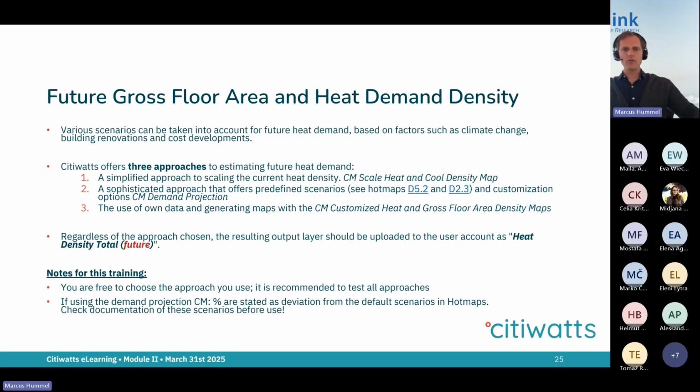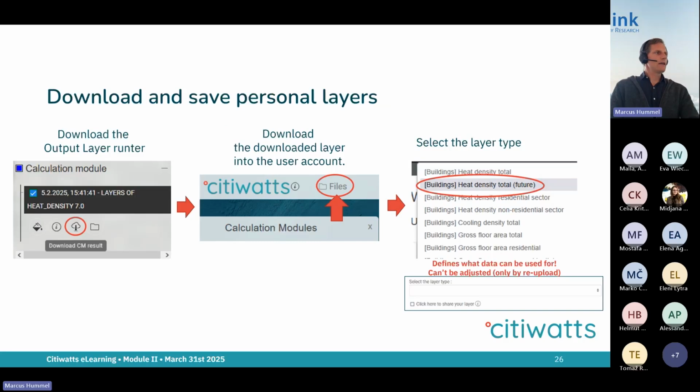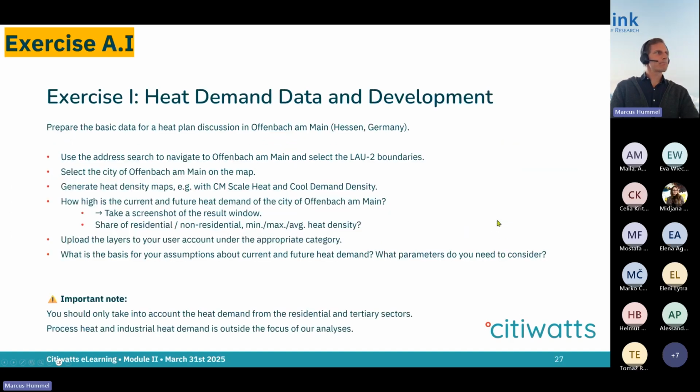So you need to be aware to upload it as a future layer. But I will show it to you in a minute. Here it is again shown so that you have it in your slides as well to refer to it later when you do it. So you will download it and upload it as a future heat demand density layer.